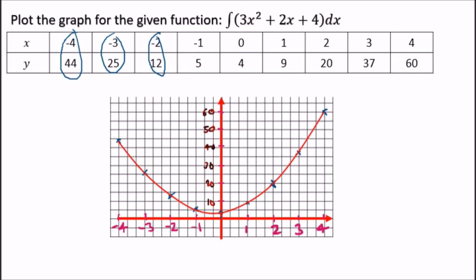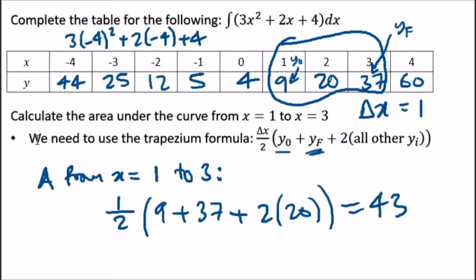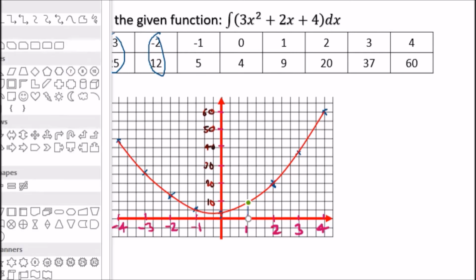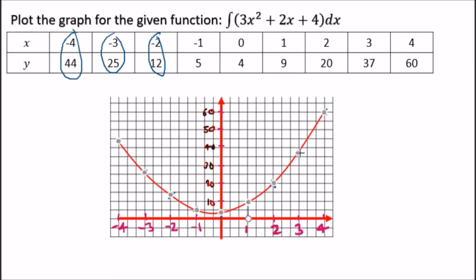If you remember from the other question, it said we need to calculate the area under the curve from x equals 1 to x equals 3. So this answer 43 came from here. All you do is, from x equals 1, draw a straight line down, and then use your ruler to draw another straight line down from x equals 3 right down to the axis.